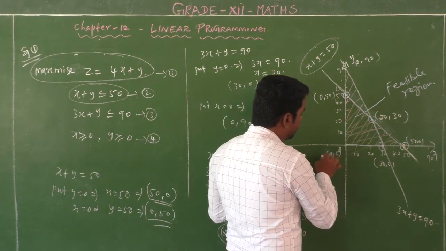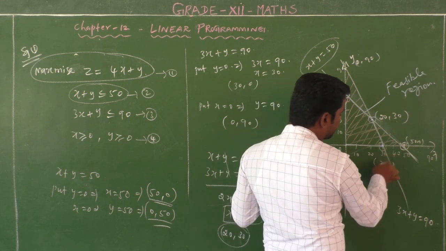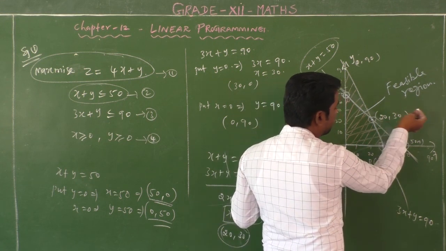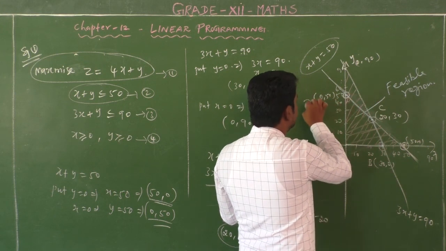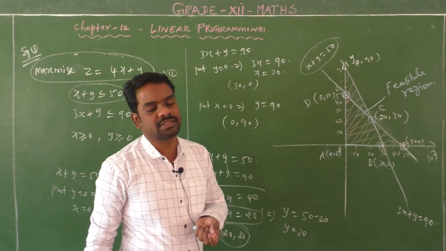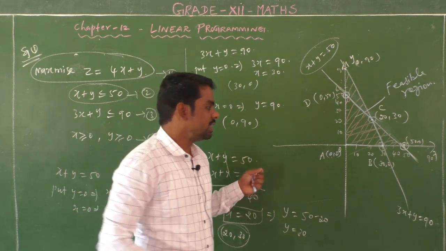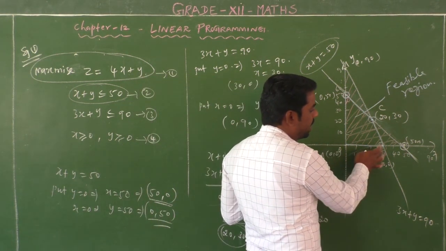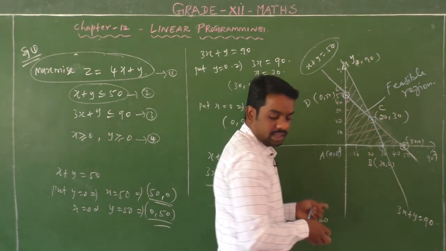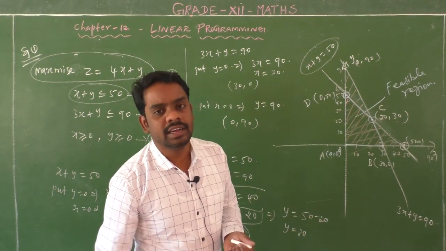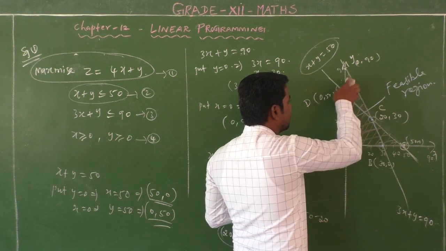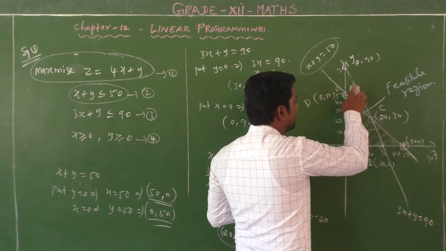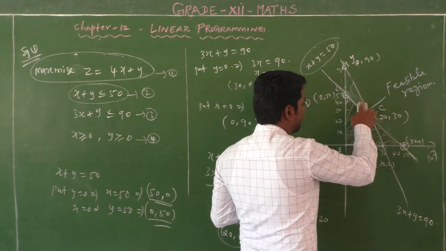For convenience, 0, 0 is called A, 30, 0 is called B, 20, 30 is called C, and 0, 50 is called D. So the feasible region is A, B, C, D only.